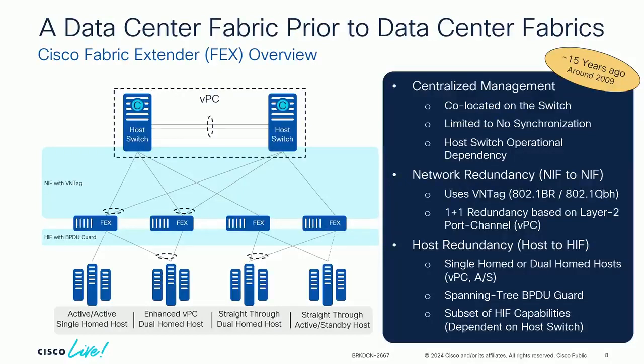We had port channels that moved to the southbound side, and then we had attached hosts beneath the FEXs. And one of the real appeals of this architecture was this notion of all of the management of the infrastructure was centralized to those VPC switches. And the FEXs were essentially slave-oriented devices to those switches. We had a lot of redundancy built in. We supported both dual attach and single attach hosts, and we were highly optimized around that architecture.